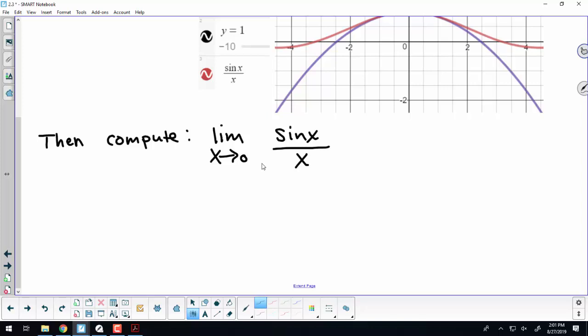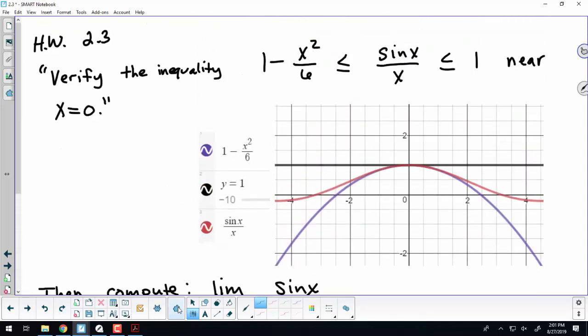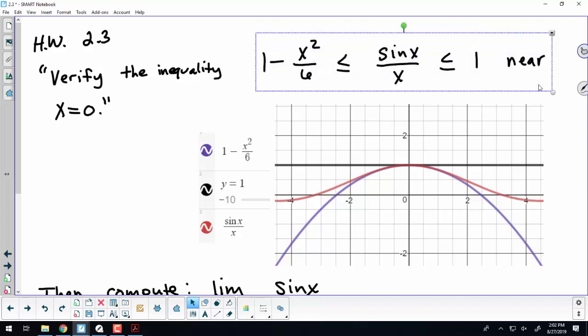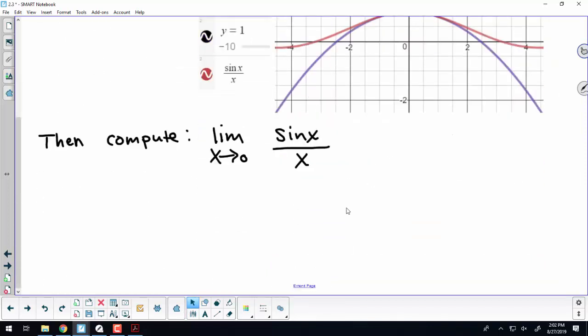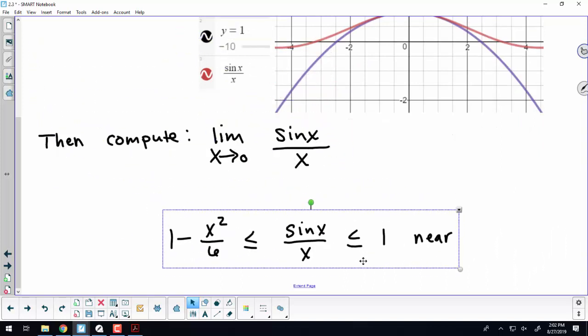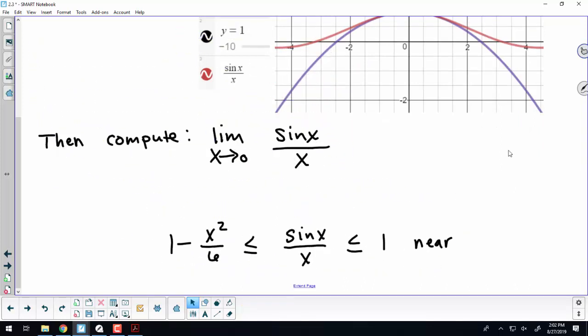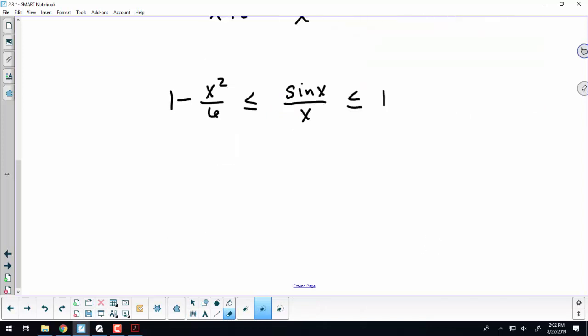All we do is use this inequality to answer the question about the limit. I've been given this inequality. I'll just insert the limit because that's what I want to know. I want to know what's the limit as x approaches 0 on this.